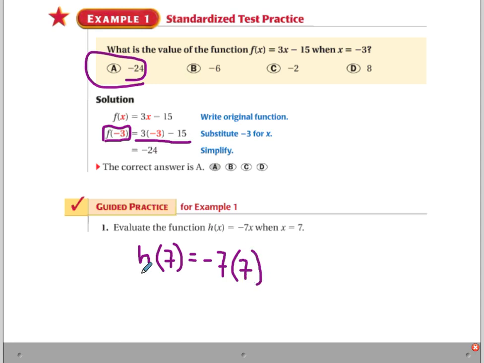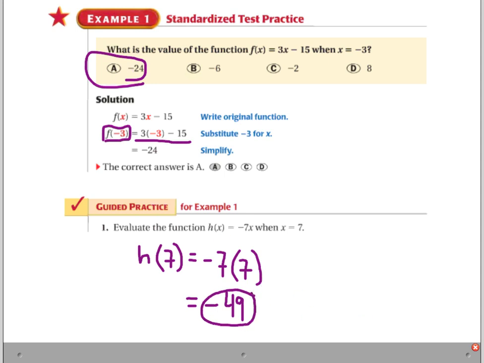Again, I do not need to do anything with this side. I'm just going to solve. Negative 7 times 7 equals negative 49. So h of x when x equals 7 is negative 49.